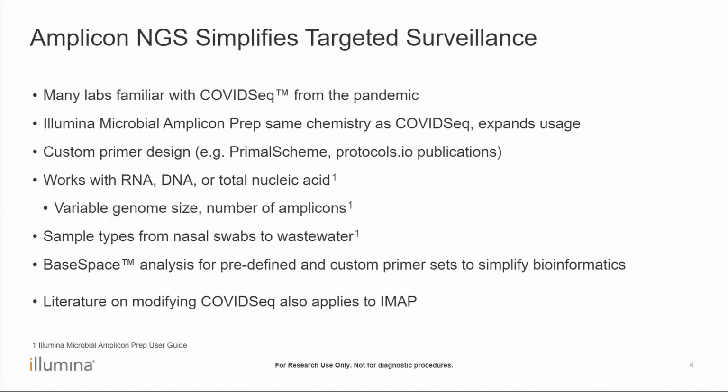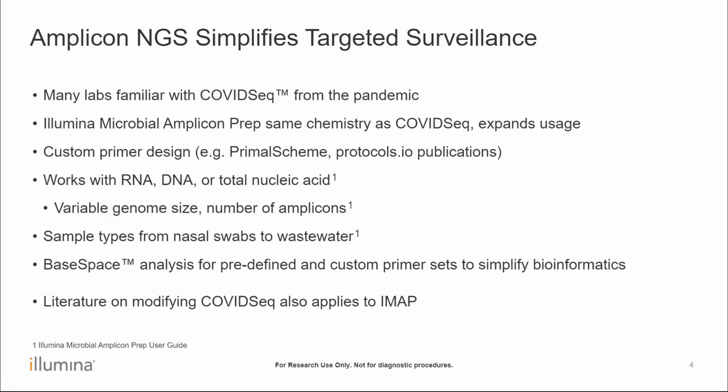It allows for custom primer designs. And if you're looking for primers for a specific virus, PrimalScheme is an ideal source. It's a website where you can design your own primers for your virus of interest, or you can check out what's already been published on locations like protocols.io.